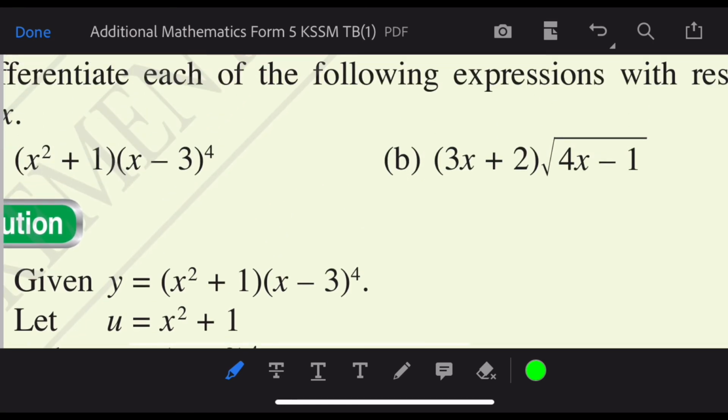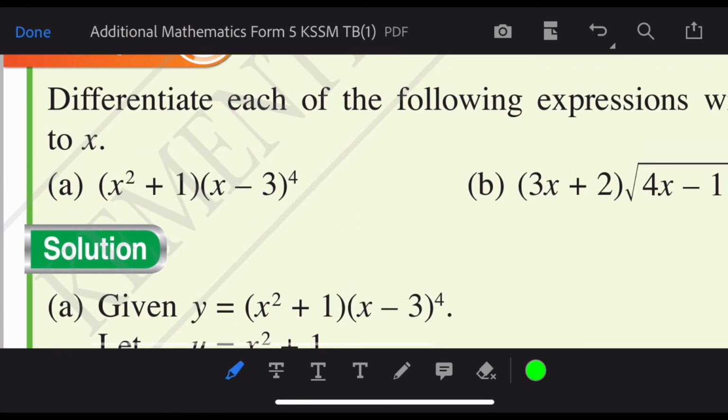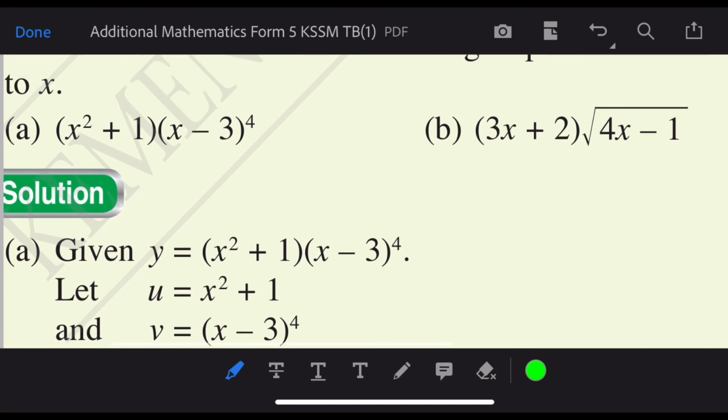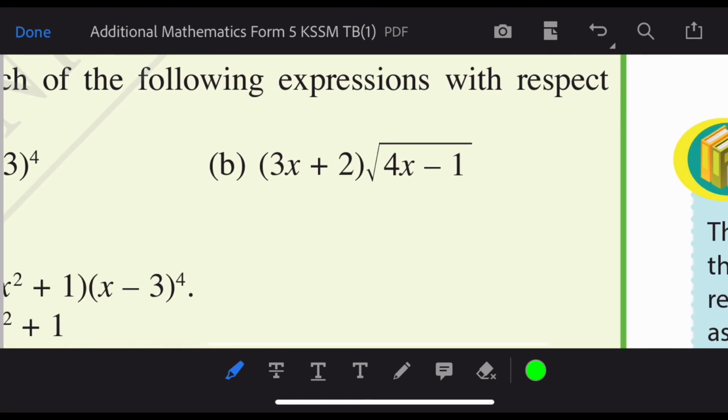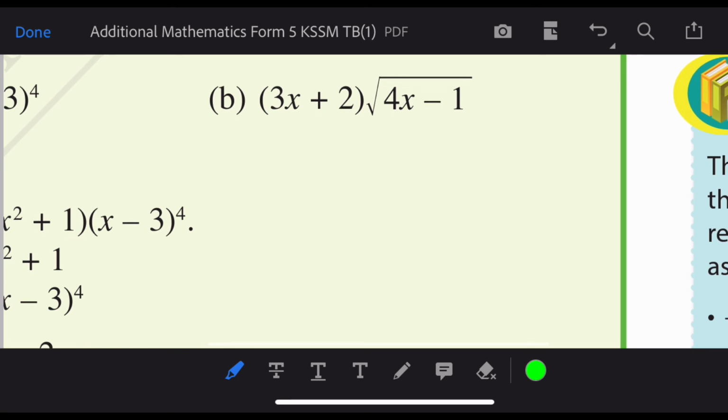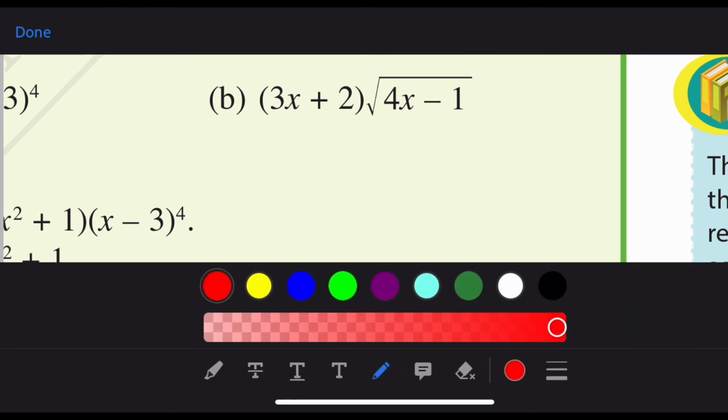For this one we use product rule because it's multiply. So you want me to show you how to use the product rule? I show you for this one. This is very complicated. I show you before I use the quotient rule.